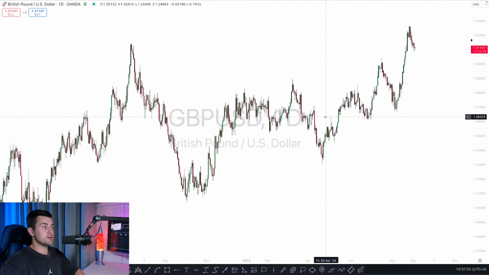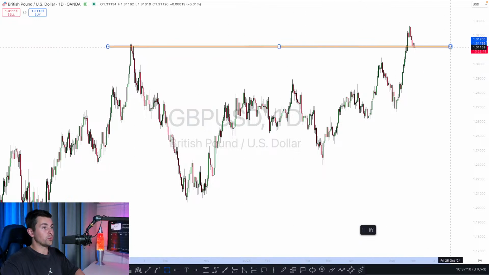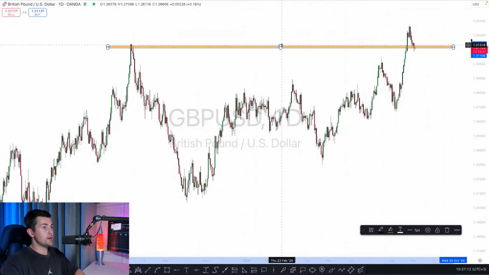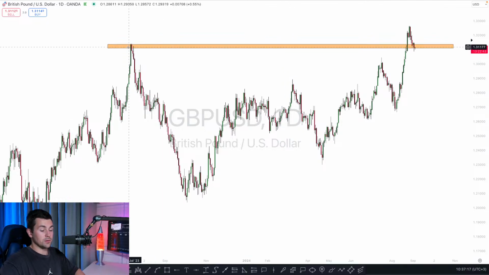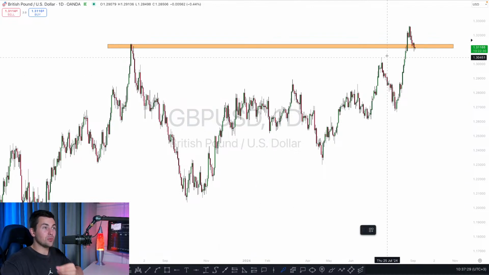Now, if we analyze the historical price action, the historical structure levels, we can also spot that over here, look, we have a very significant structure level. Honestly, that was a very important level, and I was even thinking to short the market from that resistance when it was tested. But it was broken.